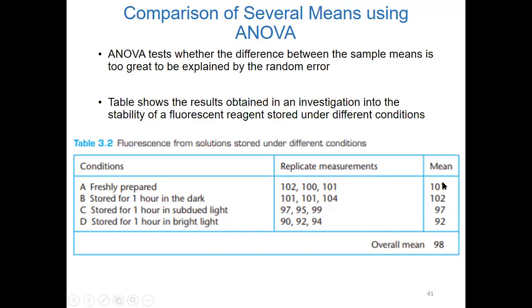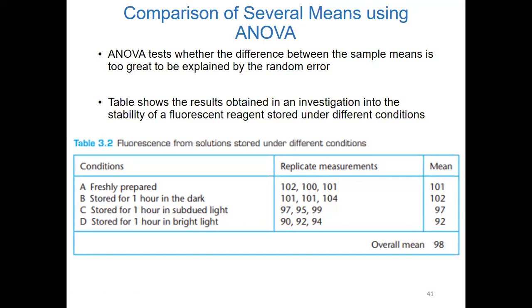Earlier, when we calculated the variance within sample, we compared each replicate with their mean. That is what we did in the variance within sample calculation. Now we are calculating the variance between samples. Here we compare the mean of each condition with the overall mean.